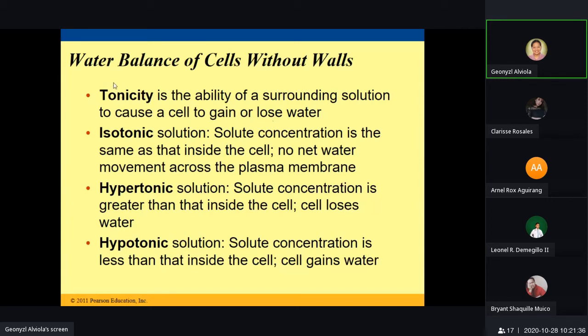So these are the three types of tonicity that's surrounding our cell. Okay, what is isotonic solution? Solute concentration is the same as inside of the cell. So the amount of solute sa loob is equal sa number of solute sa labas.